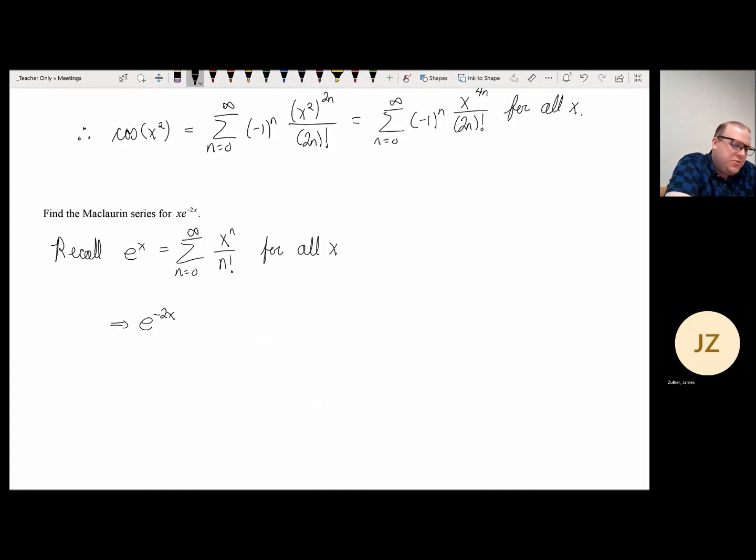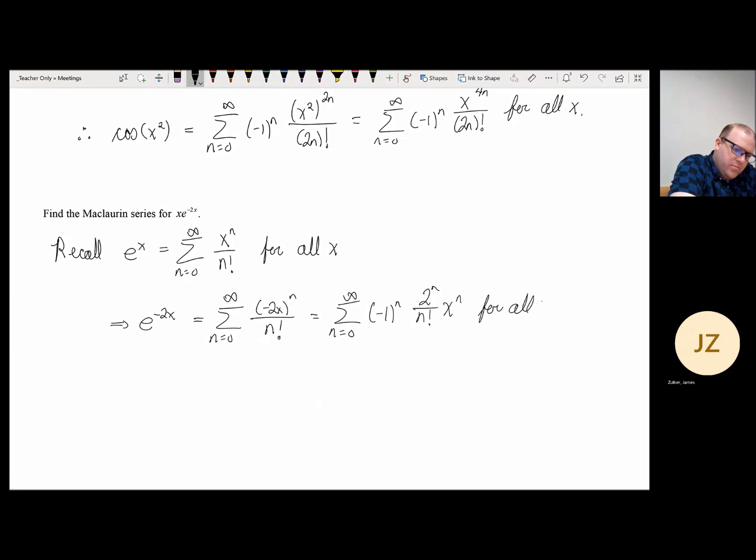That would mean that e to the negative 2x would have that expansion: negative 1 to the n, 2 to the n over n factorial, x to the n.